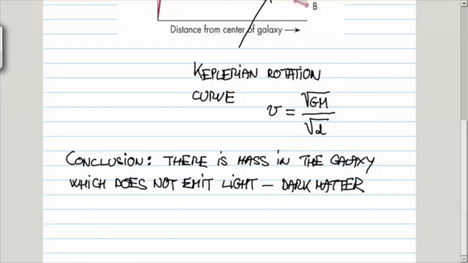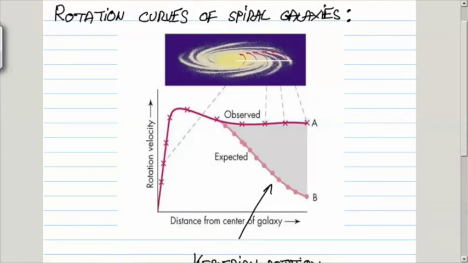And it is distributed throughout the galactic halo, right? So this dark matter is occupying the region that we call galactic halo, and extends beyond the diameter of the galaxy.